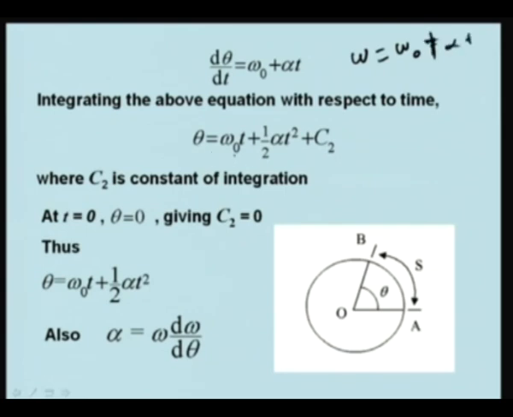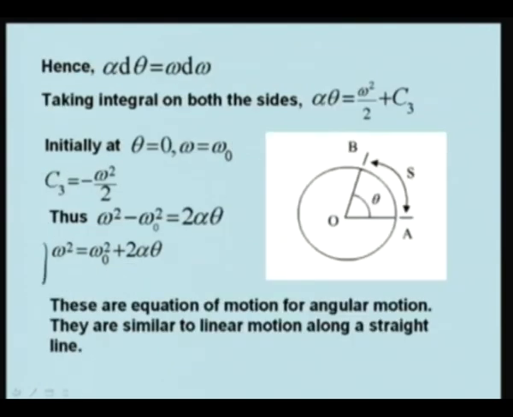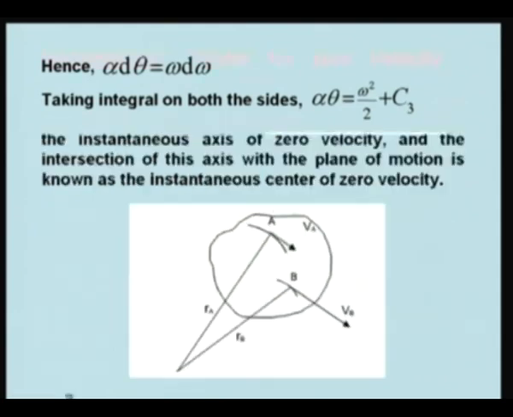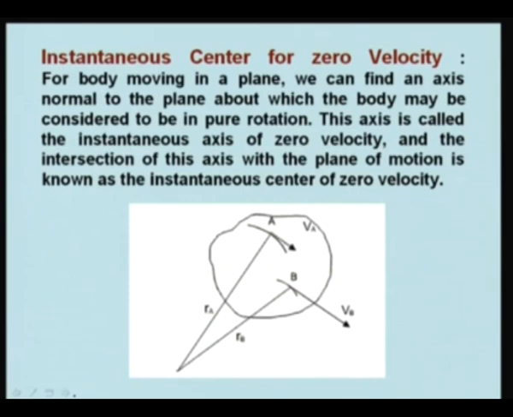Second is theta is equal to omega 0 t plus half alpha t square. The third is omega square is equal to omega 0 square plus 2 alpha theta. So these are the three equations of motion.